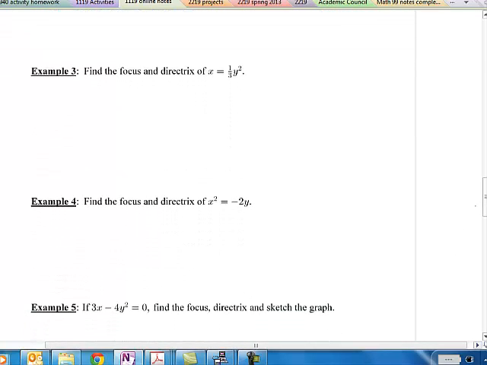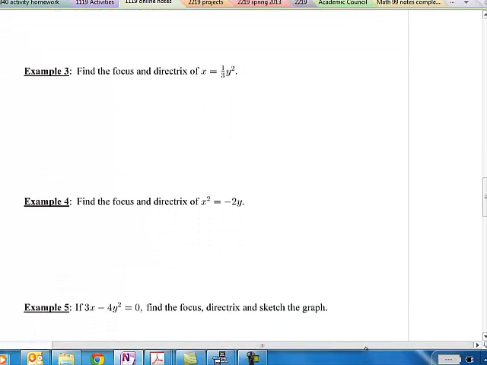Here we're given the equation and asked to find all the pieces. So the focus and directrix of x equals 1/3 y squared. So if I just rewrite it for emphasis as y squared over 3, this is 4p. Because that's positive and because it's an x equals, we know it's going to be opening to the right.